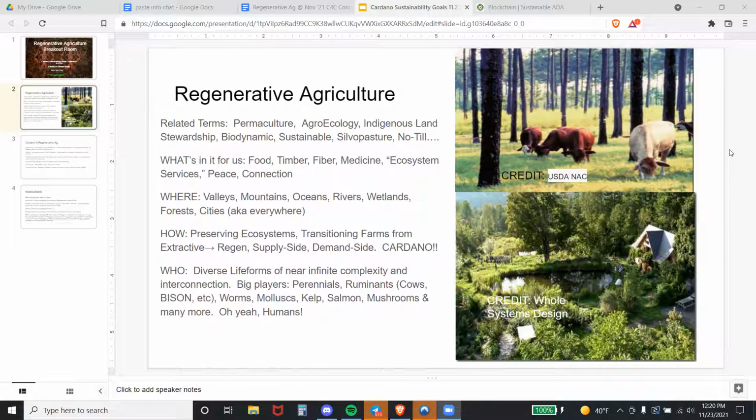In general, we definitely eat too much meat, and we also eat the wrong kind of meat. But we really need these animals, and some of them need to be harvested in order to make the whole system work and for us to derive enough sustenance. Anyway, so food is just one thing. There's timber, fiber for clothing, medicine, what we would call ecosystem services from our point of view.